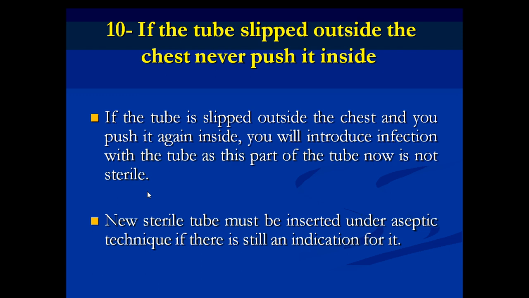If we don't need it, or if the chest tube has accidentally slipped when it was time to remove it, we can just cover the position of the chest tube or tie the suture, do the chest X-ray and follow the patient.